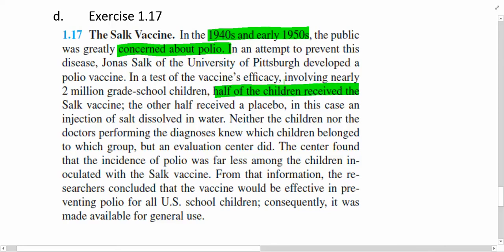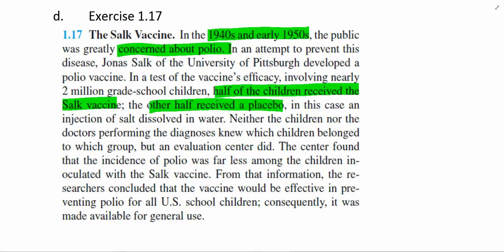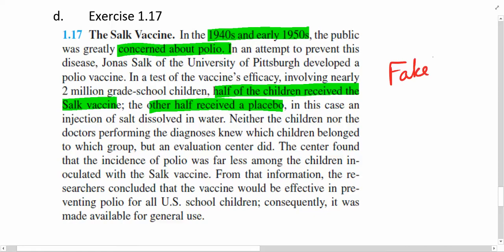So half of the children in this study received the vaccine and the other half received a placebo. Now, a placebo is kind of like a fake medicine in that it might look like the vaccine, but it actually has no medicinal qualities to it. In this case, instead of receiving the vaccine, these children were given an injection of salt dissolved in water.